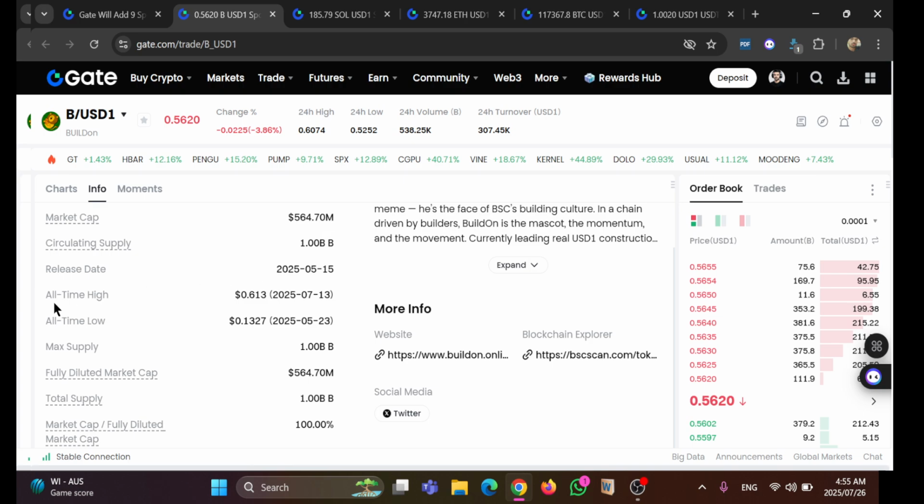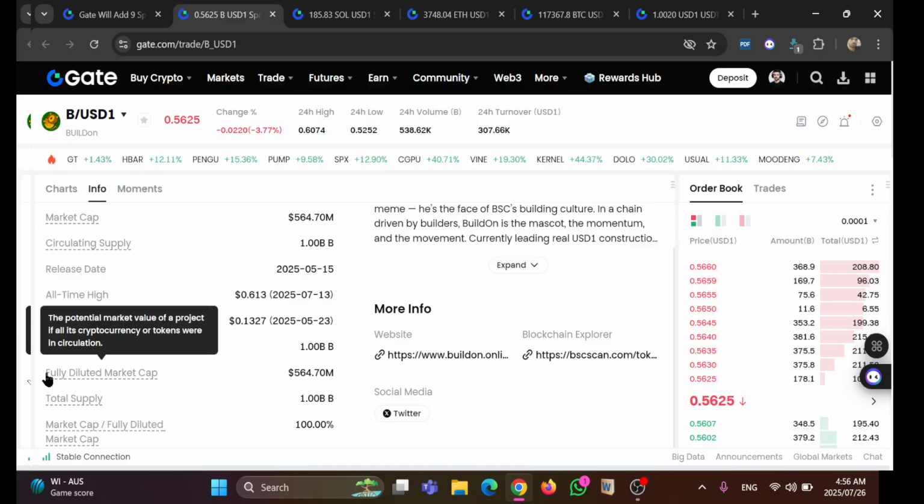The all-time highest market price of B was on 13 July 2025. It is 0.613 USDT. The all-time lowest market price of B was 0.1327 USD1, and it was issued on 23 May 2025. The maximum supply of B is 1 billion B.